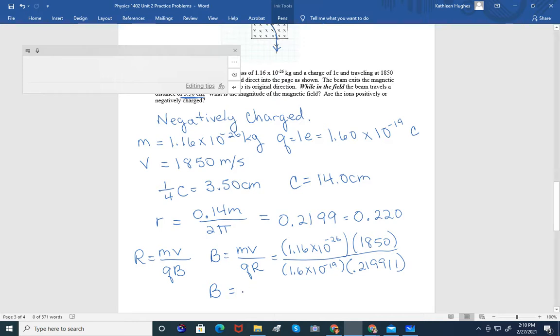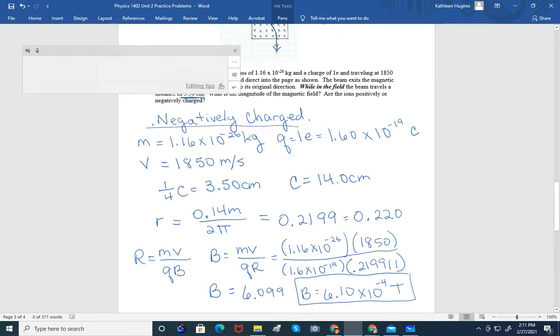That came out to that B was 6.099, or to 3 significant digits, 6.10 Tesla. Oops, I left off the times 10 to the negative 4. 6.10 times 10 to the negative 4 Tesla. So we answered both those without too much trouble.